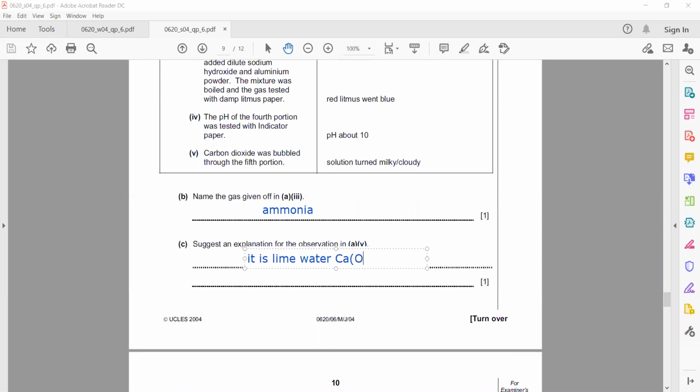Aqueous calcium hydroxide turned milky due to the formation of calcium carbonate by reacting with carbon dioxide. You have to explain the observation.